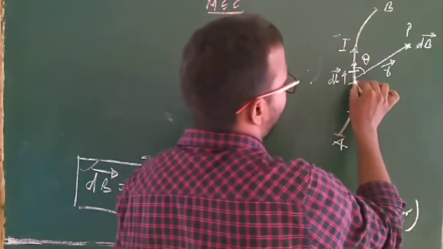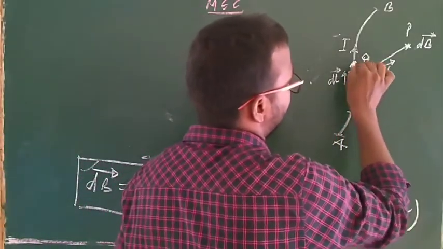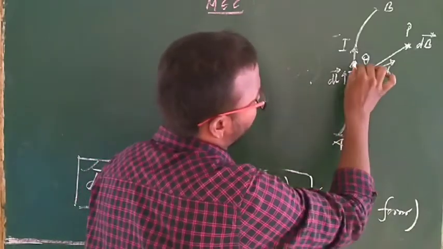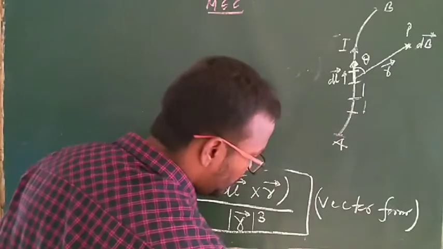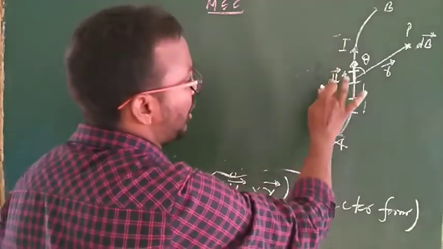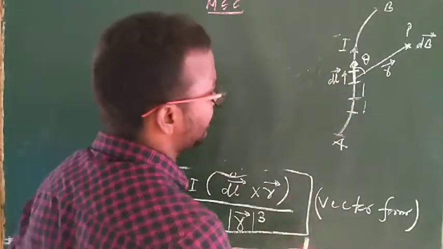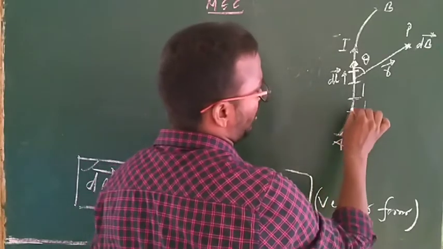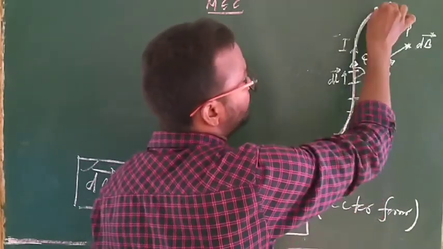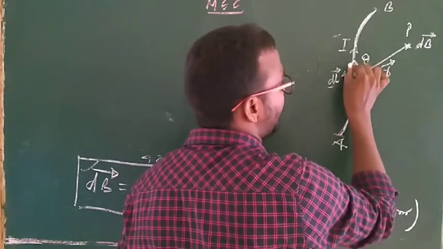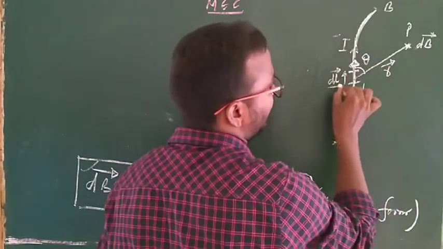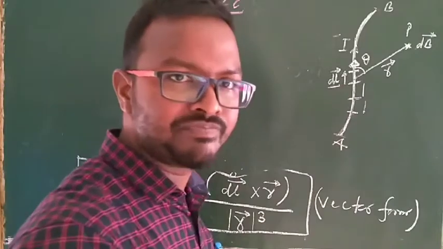So this element is dl. Clear? It's the direction of dl. First we have to know what is the direction of dl. dl means if this is the direction of current from A to B, then the length element is also along the direction of current. So this is the direction of length element dl. Clear?